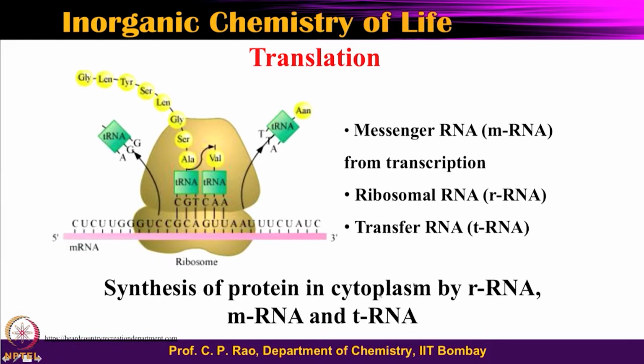So, synthesis of protein in the cytoplasm by ribosomal RNA, messenger RNA and tRNA. I think there are a lot more details which I have not given, which biochemists and biologists study, but I have kept them purposefully aside because that will be out of focus of this particular course. But knowing this basic thing is rather good enough.